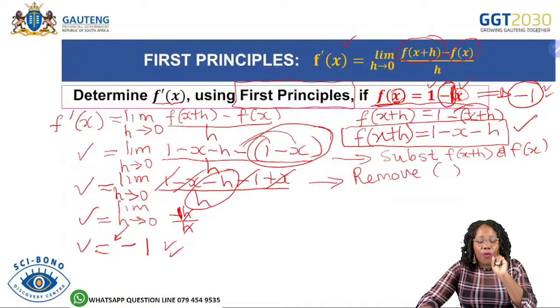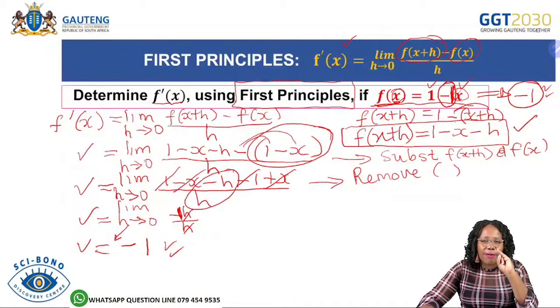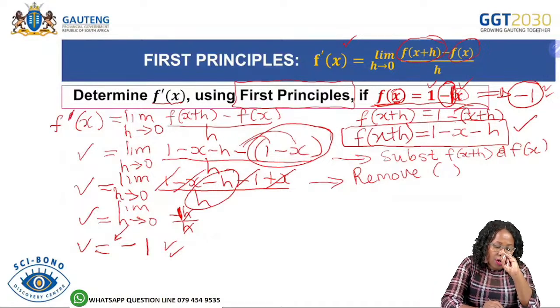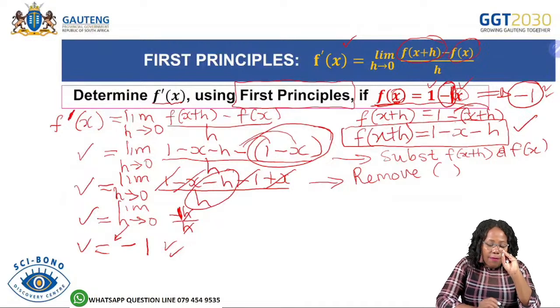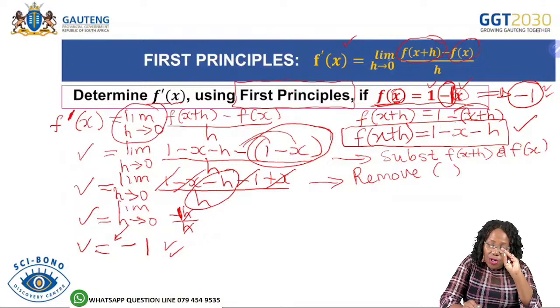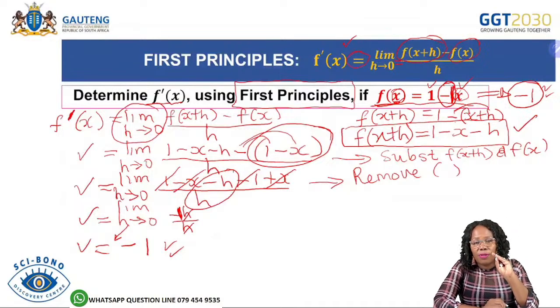So grade 12, we must ensure that we guard against the common mistakes that are done by learners. Most learners, they forget to put a dash there on the formula. The second mistake that they do, they forget a limit in front of the equation there. Or sometimes they write an equation in front of a limit instead of writing an equation before the limit.